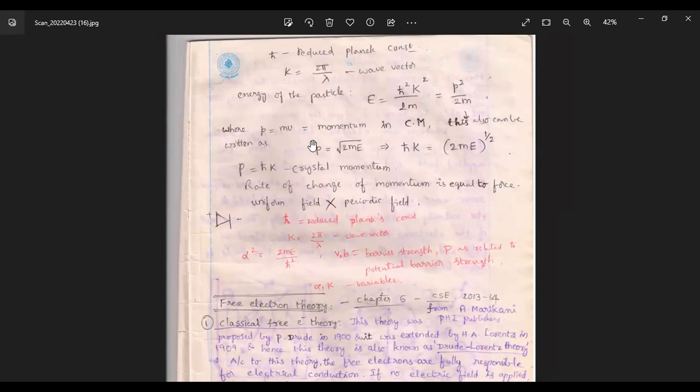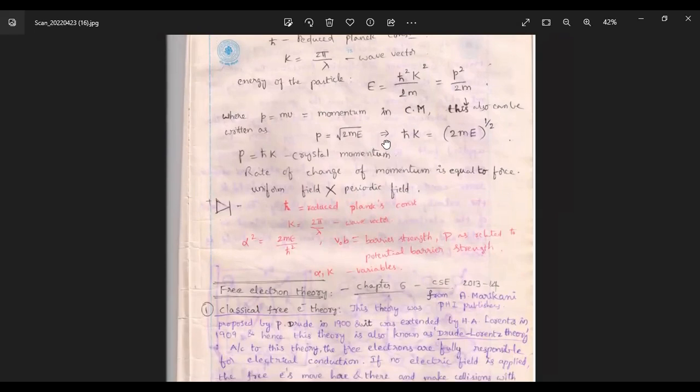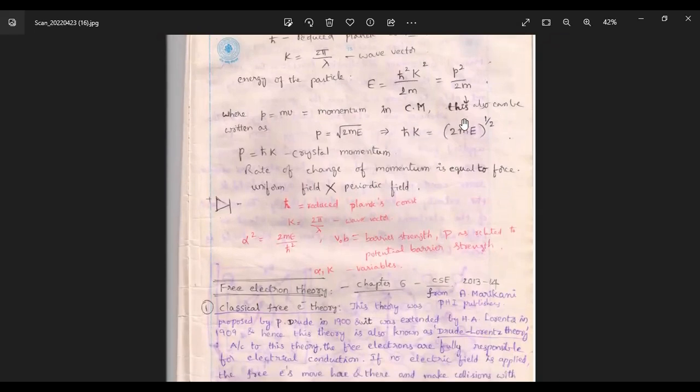This can also be written as P equal to square root of 2mE, which is equal to h bar K. P is equal to h bar K, the crystal momentum. Rate of change of momentum is equal to force.